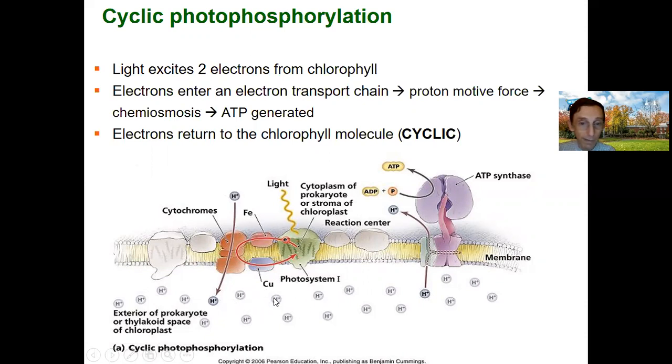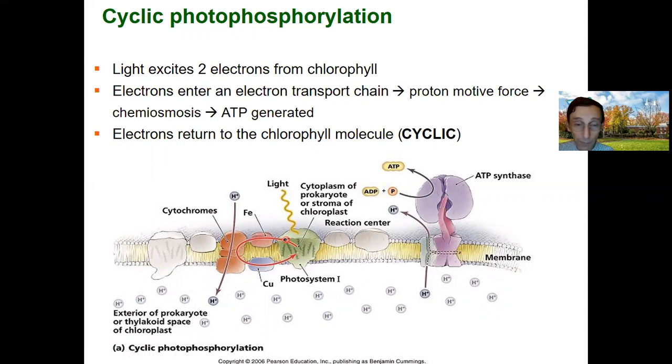These hydrogen ions will want to flow to this side of the membrane. However, they cannot do that except at this channel protein, which is an ATP synthase protein. When the hydrogen ion flows through this protein, it gives the protein the energy it needs to make ATP. And that is how the cell makes ATP in photosynthesis.